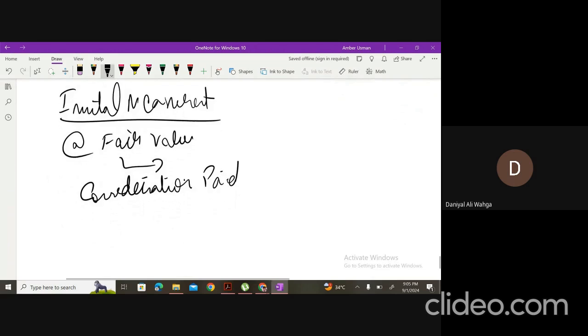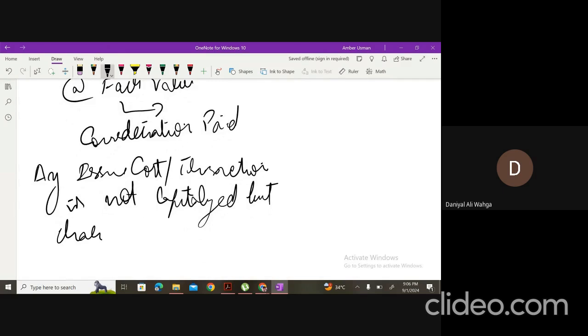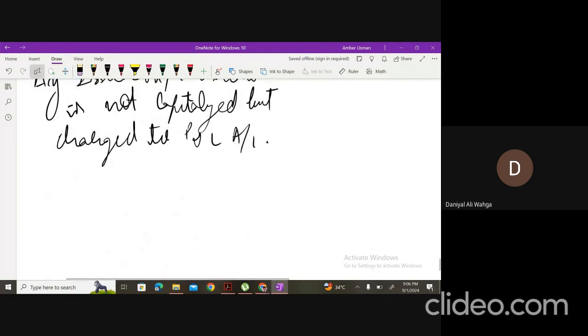And the consideration paid does not include any issue cost or transaction cost, which is not capitalized but charged to the profit and loss account. What is the subsequent measurement?